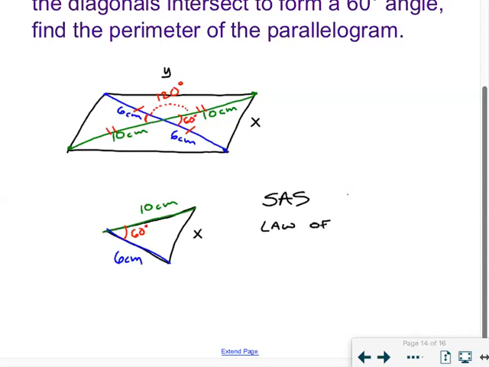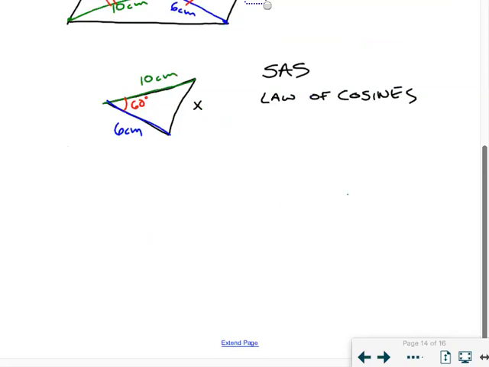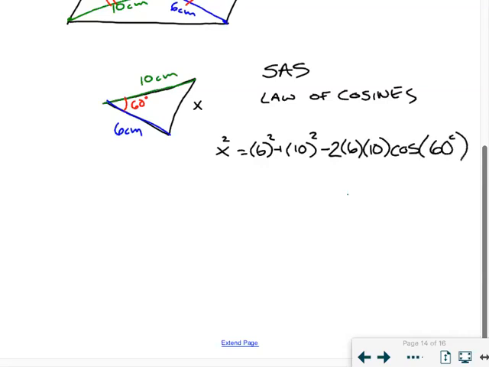Excuse me, it's a safe law of cosines situation here. We need to find that side length of the triangle so we can find that side length of the parallelogram. So we'll use the law of cosines. In this case, x squared is equal to 6 squared plus 10 squared minus 2 times 6 times 10 times the cosine of 60 degrees.